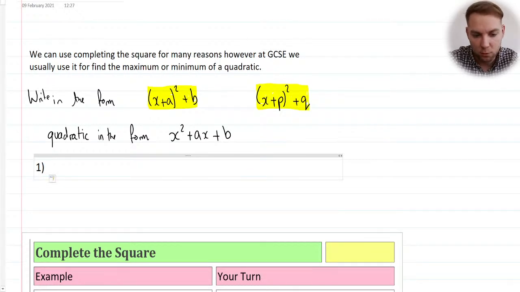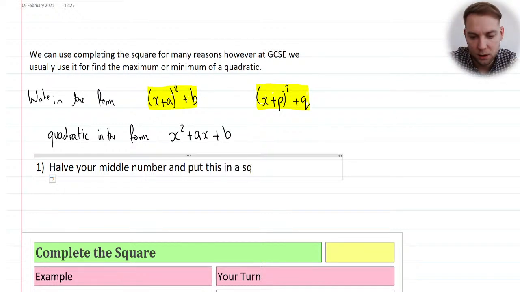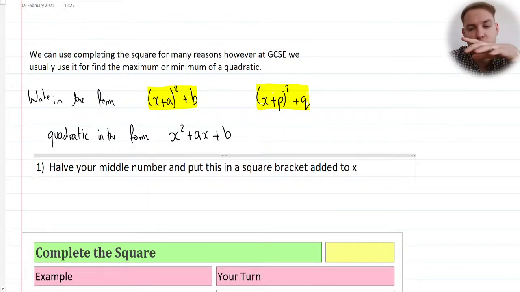Step 1: halve your middle number, the middle number of the quadratic, and put this in a square bracket added to x, or whatever your variable is. It could be y, it could be anything really. We'll talk about why that is in a second. I'm just going to get this rule down first.